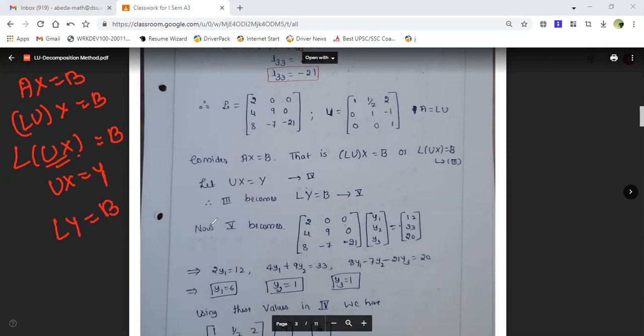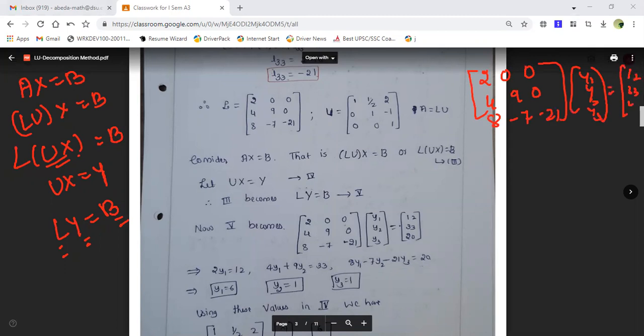Now L is known to us and B is known to us. What I'll do here, this is my L, that is 2, 0, 0, 4, 9, 0, and 8, minus 7, minus 21. This is our L, and Y is y1, y2, y3, which is equal to B, that is 12, 33 and 20.